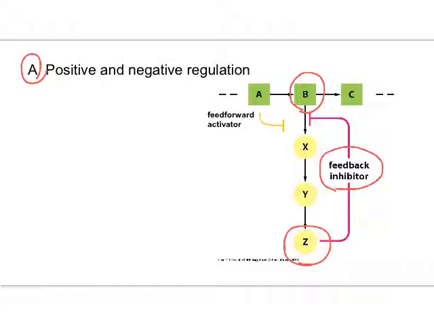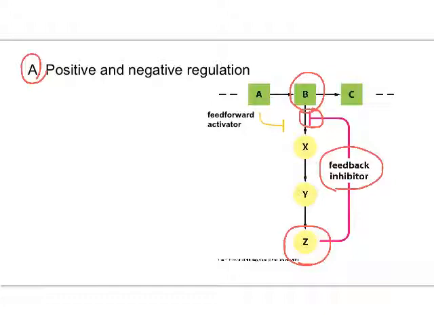This product feeds back and inhibits the first enzyme in the pathway. So thereby it limits its own concentration in the cell. And again, this type of negative regulation is called feedback inhibition.